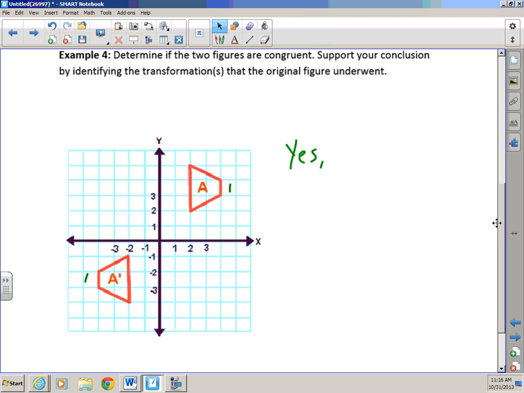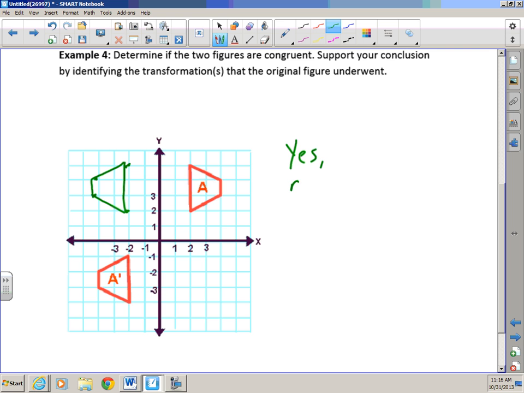Well, let's take a look at what happened. Hopefully you can see that there's been some sort of flipping because it goes from the large side to the small side. Now if I go left to right, it goes from small to large. So how would I describe what happened here? I reflected it in the y-axis so that I ended up here.